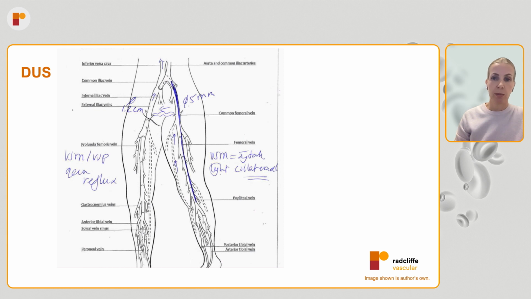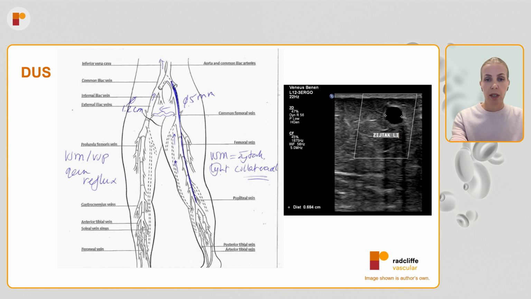And I see a very big GSV, and that is not refluxing. There's actually continuous flow, and it's a lot bigger than it is on her other leg. And I see a palmar vein that is draining blood from the left to the right groin. And here you can see the ultrasound of the GSV, and it was almost 7 millimeters.